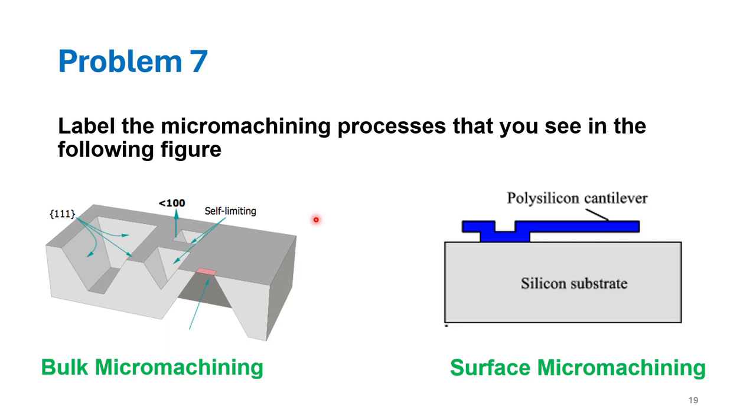But in the case of surface micro machining, here we are having a polysilicon cantilever on a silicon substrate. We take a silicon substrate, and we deposit some sort of sacrificial layer in between them, like this.